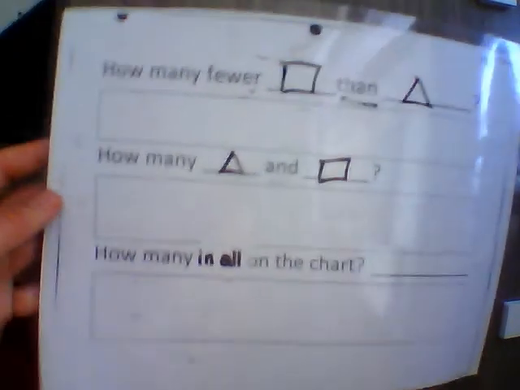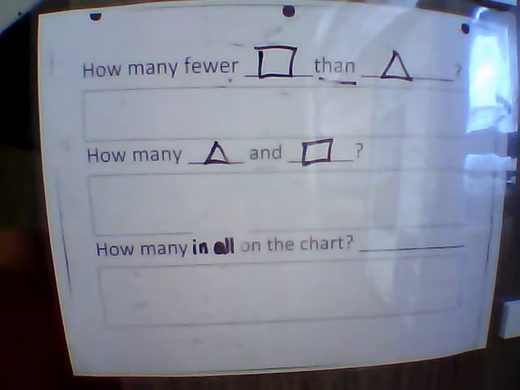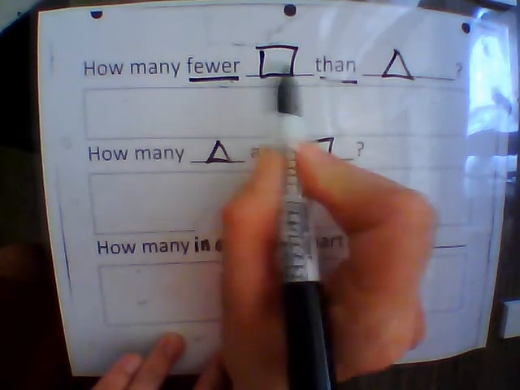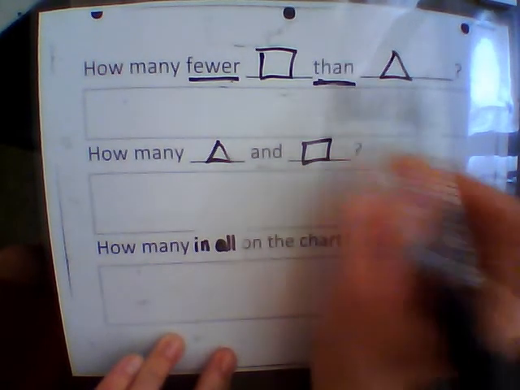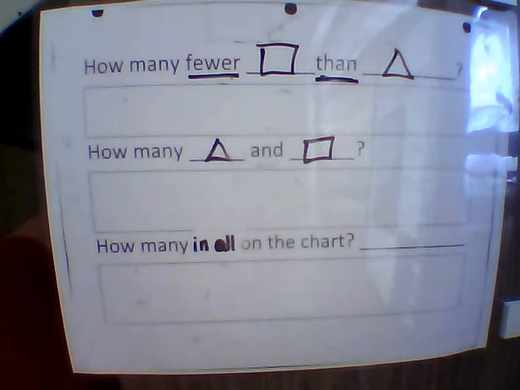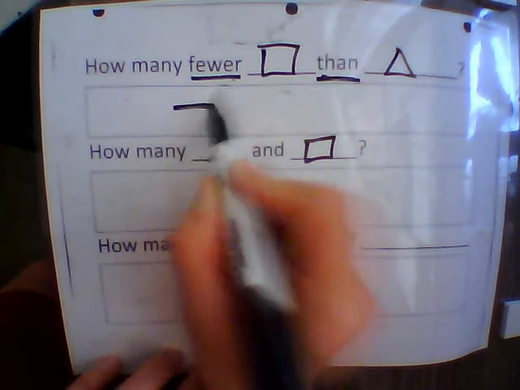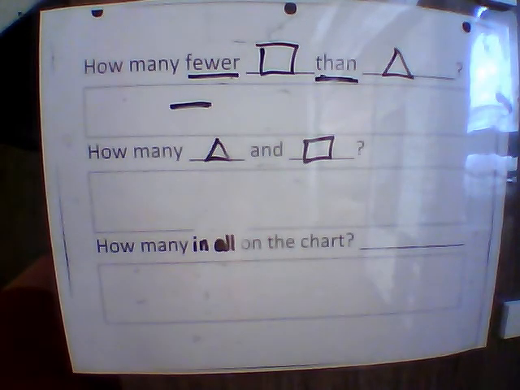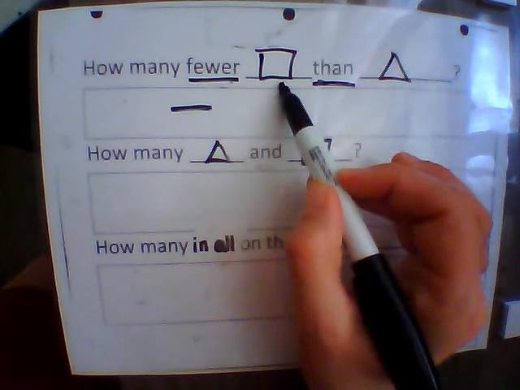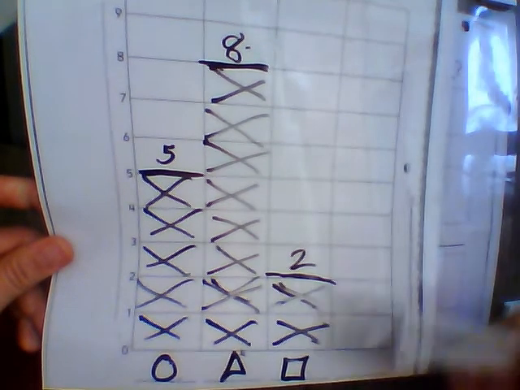And on to our next one. We see how many fewer squares than triangles. So that fewer and that than is telling us that we are going to subtract. So we're going to be minusing. So once again, we have to always start with a larger number. So we're looking at squares and we're looking at triangles. And I notice triangles has 8, squares have 2.